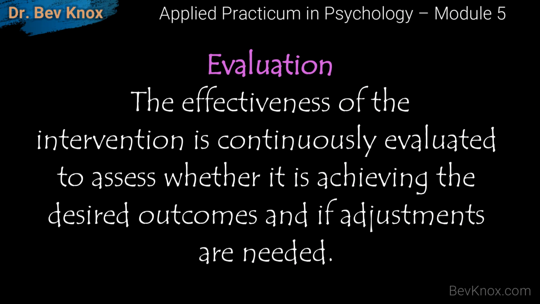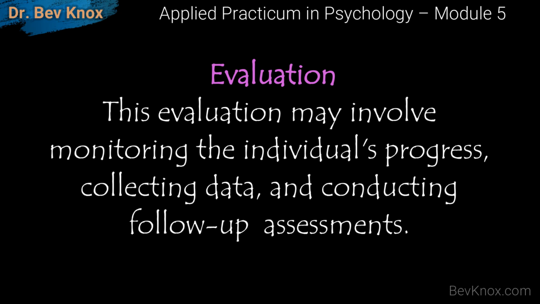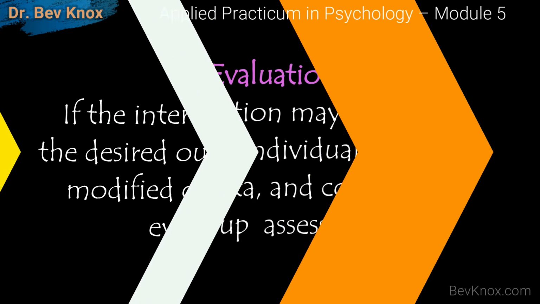Six, evaluation. The effectiveness of the intervention is continuously evaluated to assess whether it is achieving the desired outcomes and if adjustments are needed. This evaluation may involve monitoring the individual's progress, collecting data, and conducting follow-up assessments.